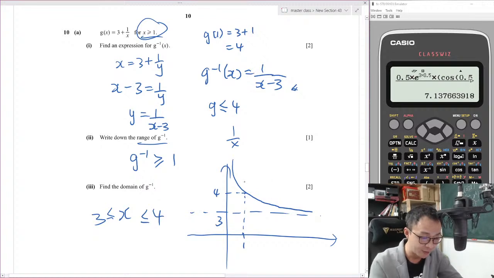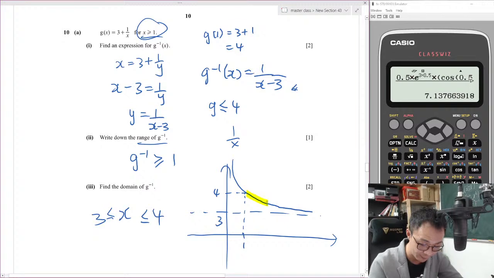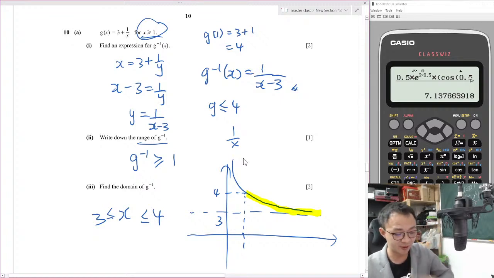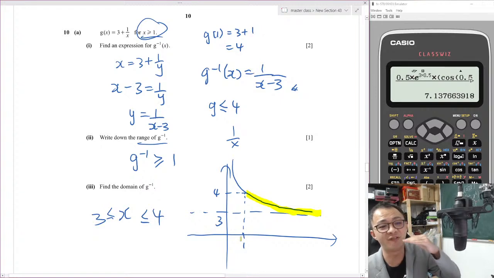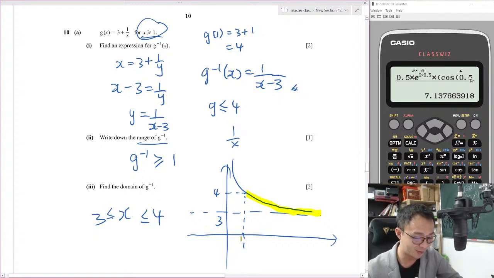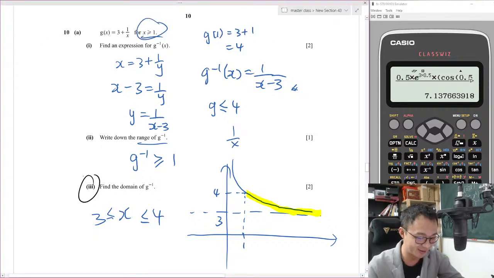Therefore, my graph is between 3 and 4 only. My graph is only here. Because the domain 1 actually limits your range, it must start at 4 there. So this is the reason why they give you 2 marks. I would say this one is a bit hard.